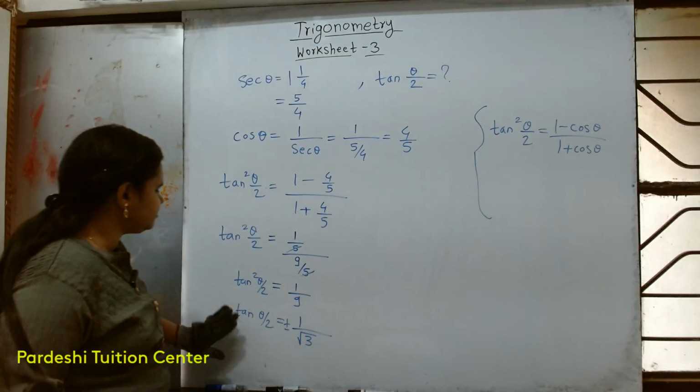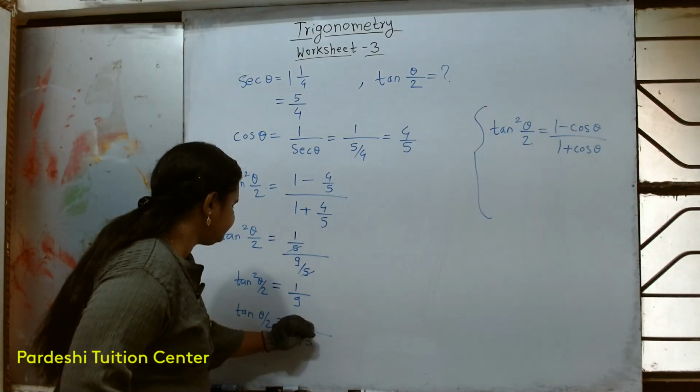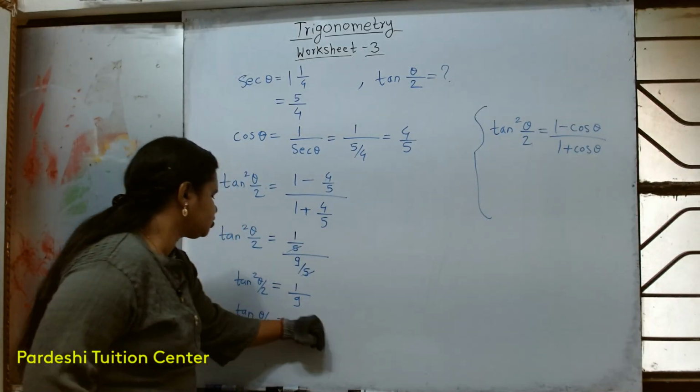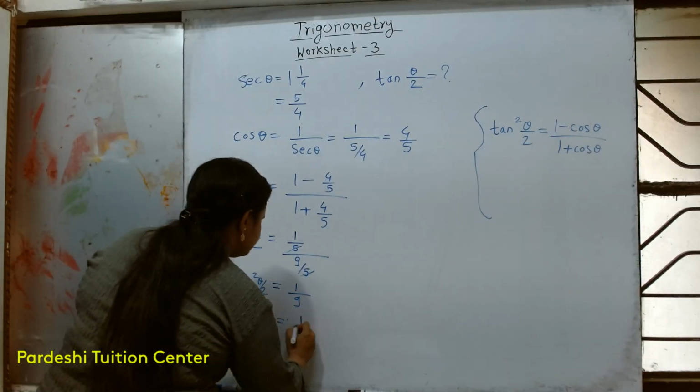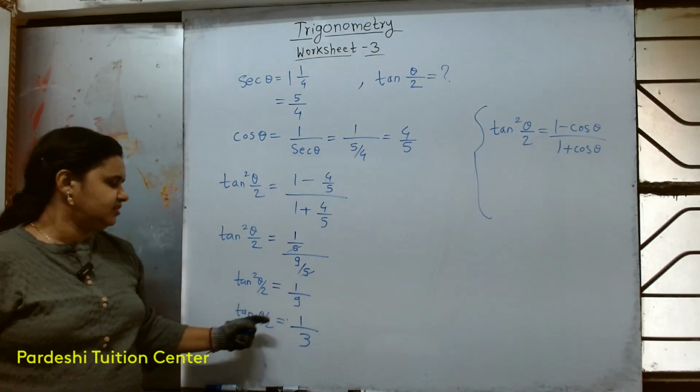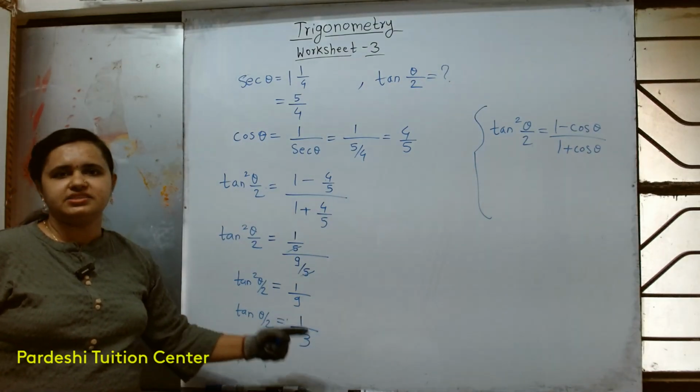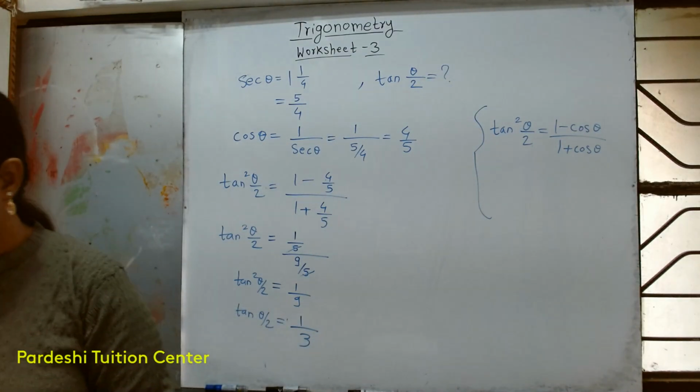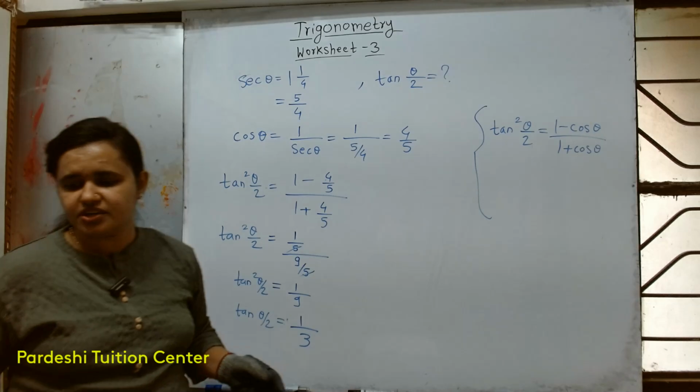Okay, we are taking square root, so it will be 1 by 3, square root of 9 is 3. So tan square theta by 2 we have got 1 by 9 and tan theta by 2 is 1 by 3. So it will be our first option, that is 1 by 3 of question 20.